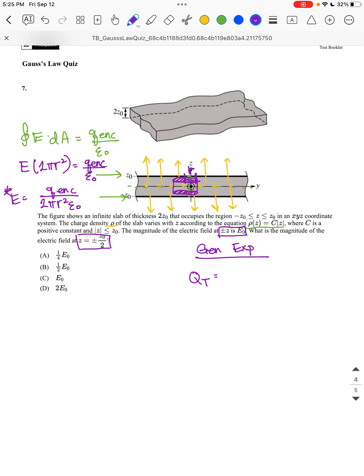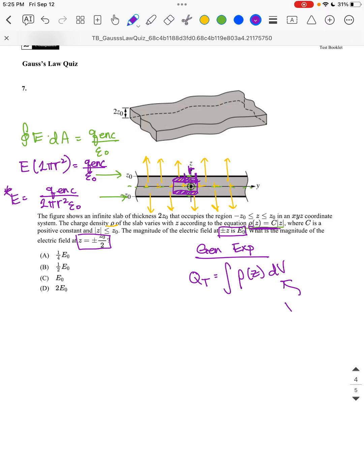So this is from your equation sheet. Usually it's rho with respect to r, but in our expression we know that rho is changing with respect to z, and so we need to analyze the volume with respect to z.